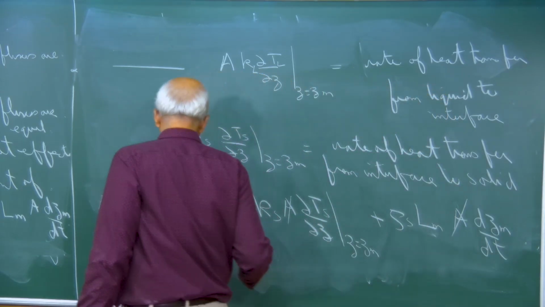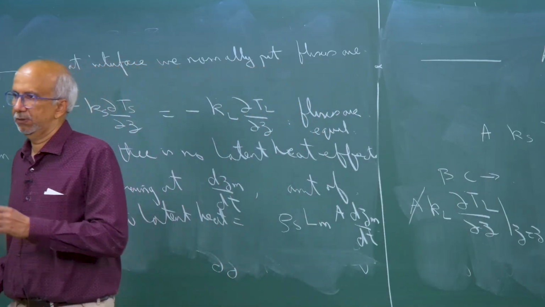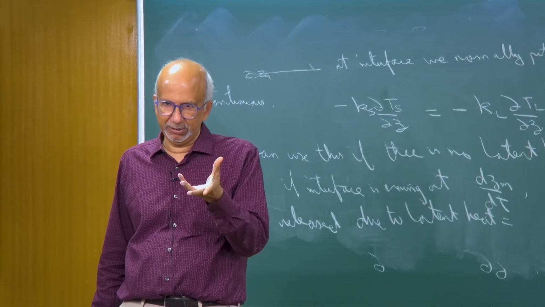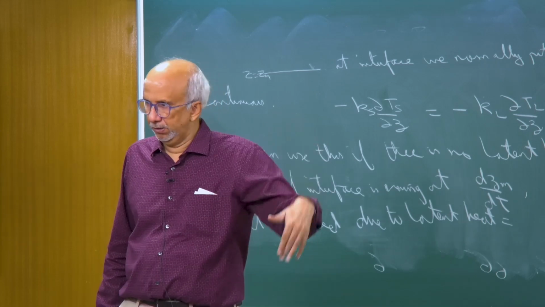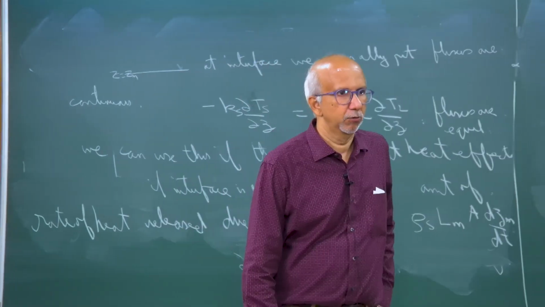So, A cancels off everywhere, and that is my flux equation, the fluxes are balanced. So, whatever is the heat that is coming in plus whatever is being generated is being carried out by the solid, okay. So, that is what I am writing.